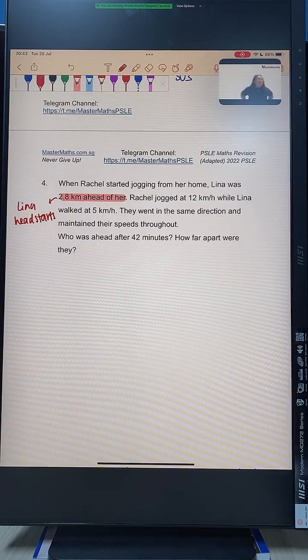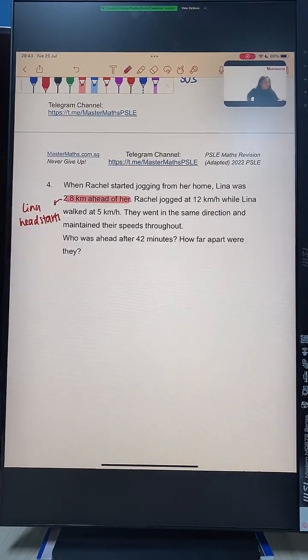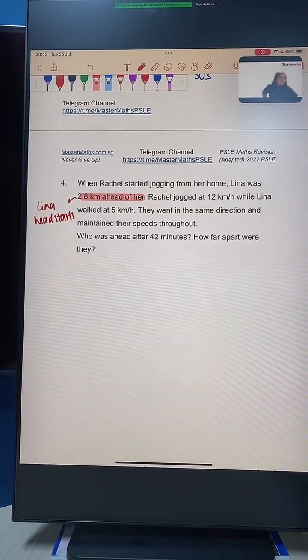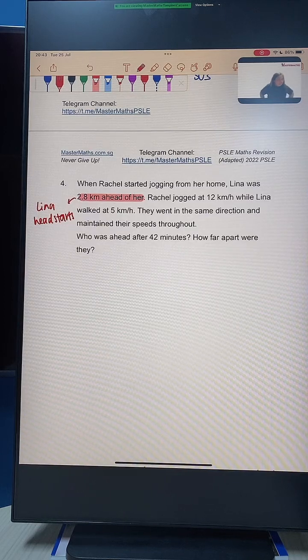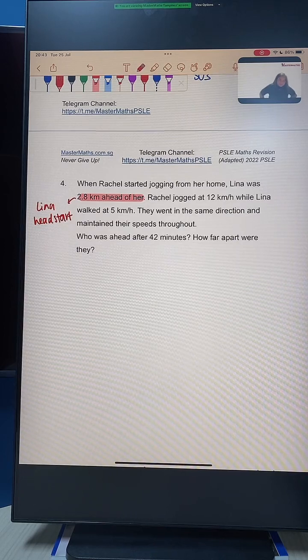Rachel jogged at 12 kilometers per hour, while Lena walked at 5 kilometers per hour. They went in the same direction and maintained their speeds throughout. Who was ahead after 42 minutes and how far apart were they?